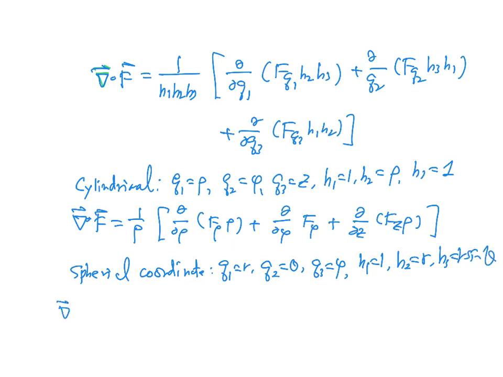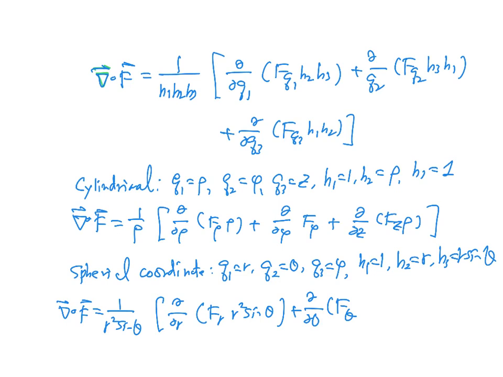So divergence of F is simply 1 over R square sine theta, partial R partial F R, R square sine theta, right? Plus partial theta partial F theta, H3 H1, R sine theta, plus partial phi partial F phi R.